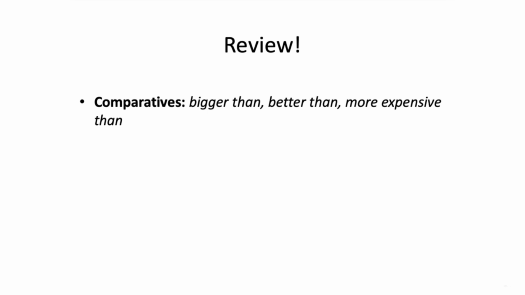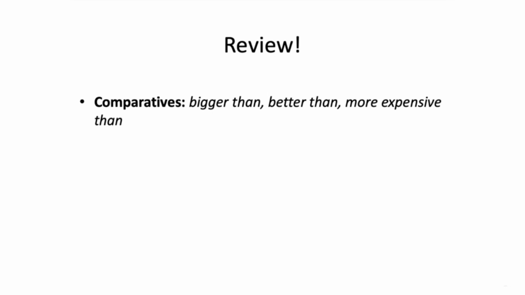Adjectives are useful when you want to describe things or compare them. Adjectives have 3 degrees: positive, comparative, and superlative. The comparative compares one person, animal, or object to another. We use it to compare 2 nouns only.